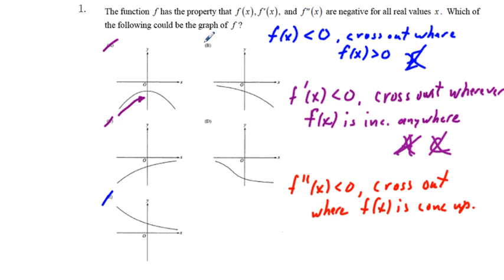If we look at answer choice B, we look like we're concave down the whole way, and it looks like answer choice D, we are concave up this little piece here. So D is our cross out here, and that leaves answer choice B as our correct answer.